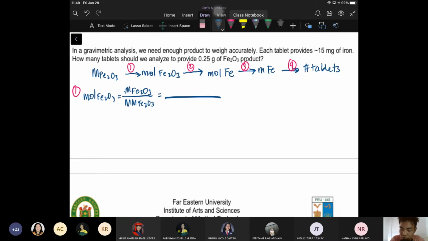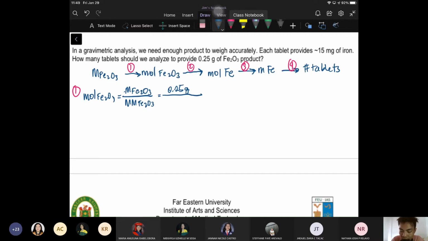So, ano yung mass? 0.25 grams divided by molar mass ng iron 3 oxide. Tignan nyo na ng periodic table. Times 2, 15.999 times 3.